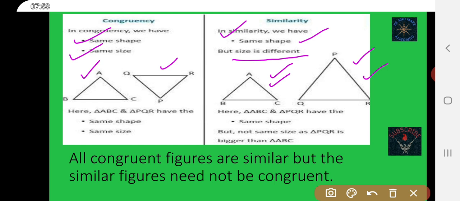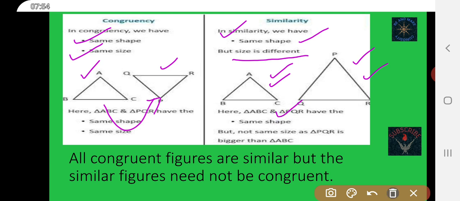So we can say triangle ABC is similar to PQR, but they are not congruent, they are similar. Okay, but in this other case you can say they are similar as well as congruent, but here only similar.